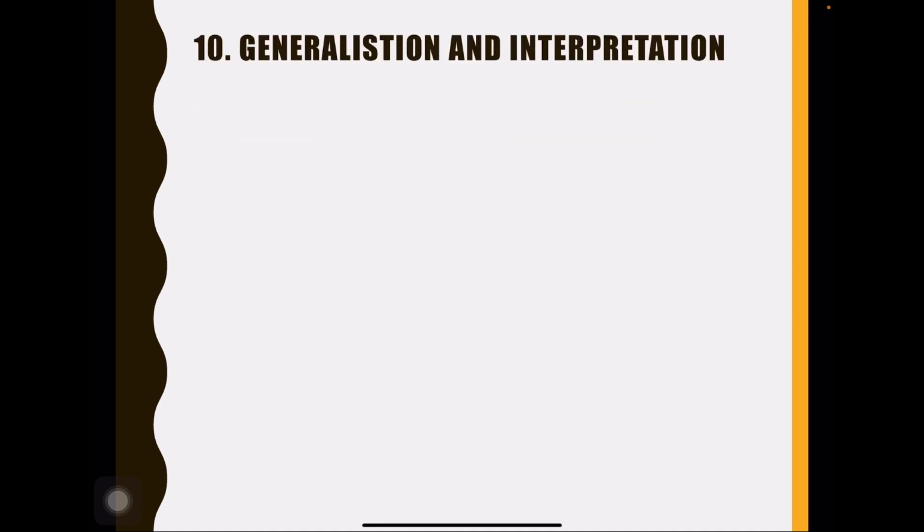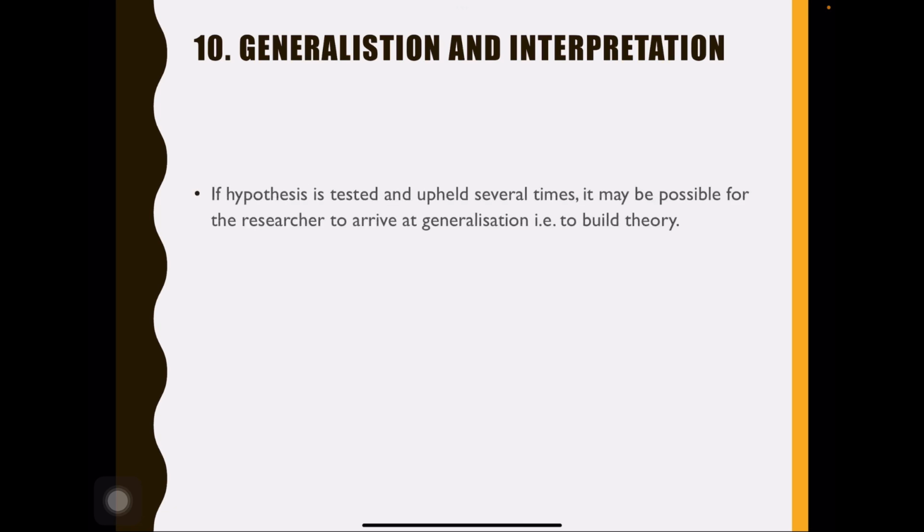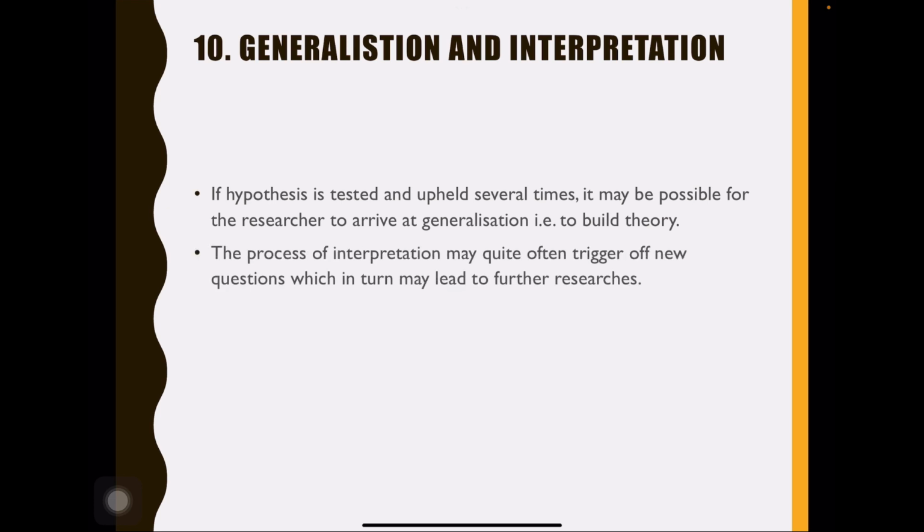Generalizations and interpretation. If a hypothesis is tested and upheld several times, it may be possible for researchers to arrive at a generalization, that is, to build theory. The process of interpretation may quite often trigger off new questions, which in turn may lead to further researches.